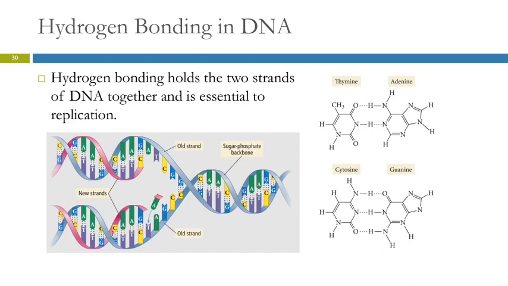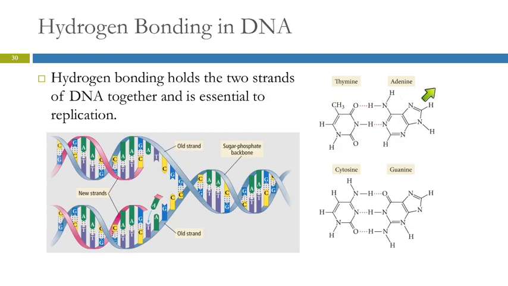So here's hydrogen bonding in your body. Hydrogen bonding is what holds your DNA together. DNA has 2 strands. DNA is composed of a sugar phosphate backbone with these little, what are called bases, hanging off. So cytosine, guanine, thymine, and adenine.